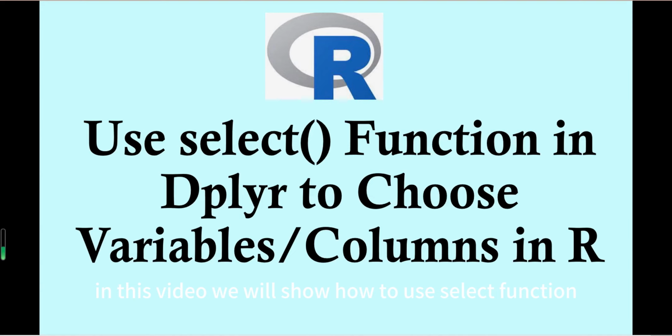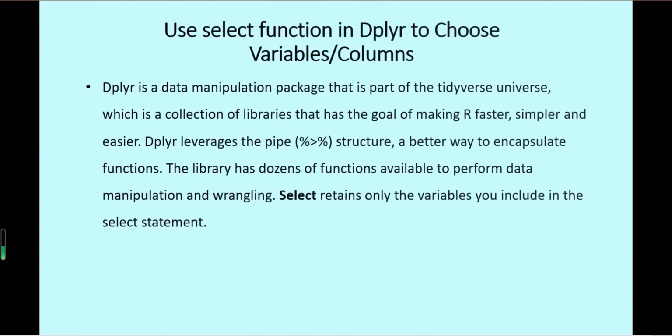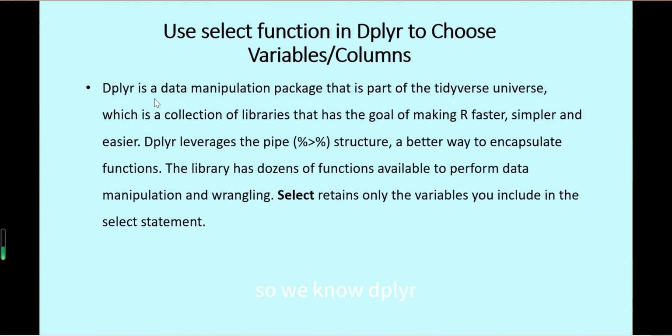In this video, we will show how to use the select function from the dplyr package in R to choose variables, columns. We know dplyr is a data manipulation package, part of the tidyverse framework. The tidyverse is a collection of libraries with the goal of making R fast, simpler, and easier.